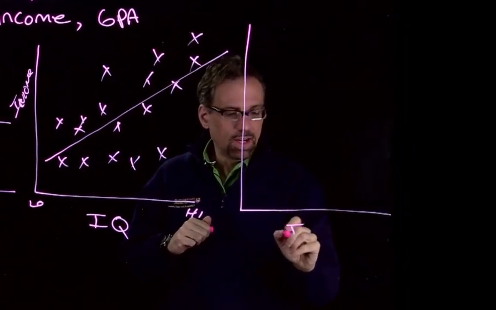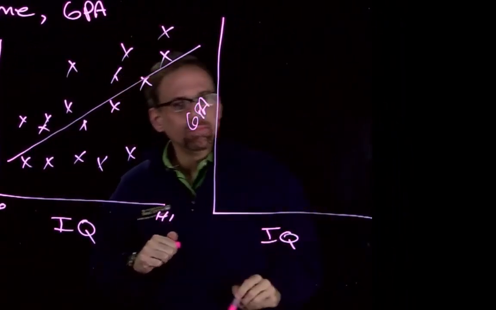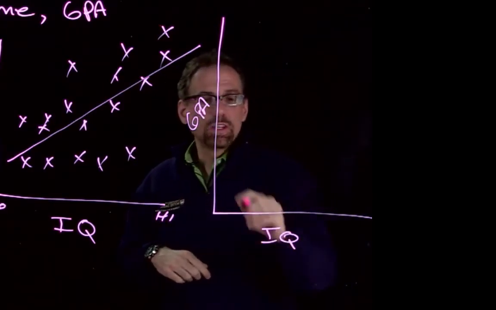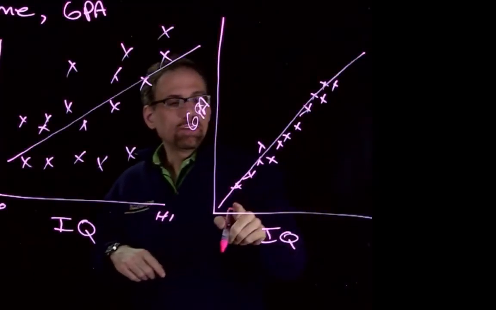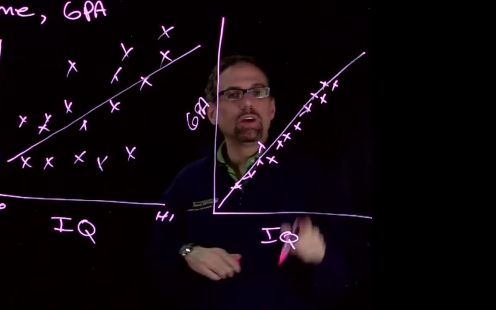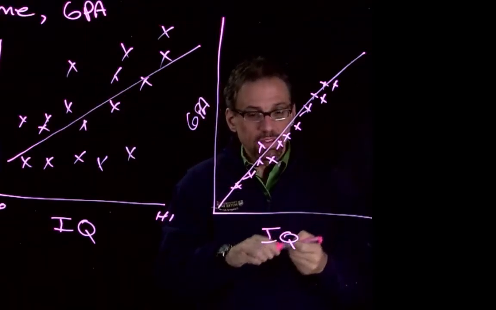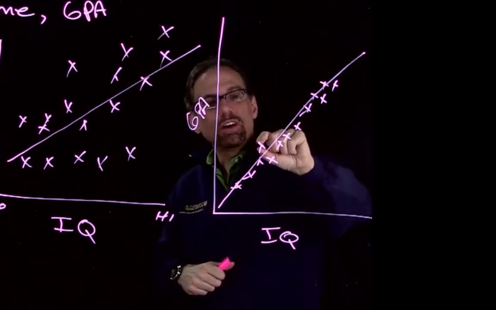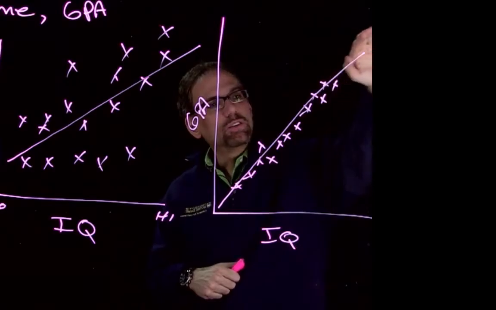Except this time we have IQ down here, and we have GPA up here. And this time, since they're very closely related, the data is going to look more like this. So as IQ goes up, GPA goes up. All right, it's the same kind of relationship we had here. But this time, IQ accounts for a lot more of the variability. There's hardly anything left in the variability of GPA once I draw this line in here.